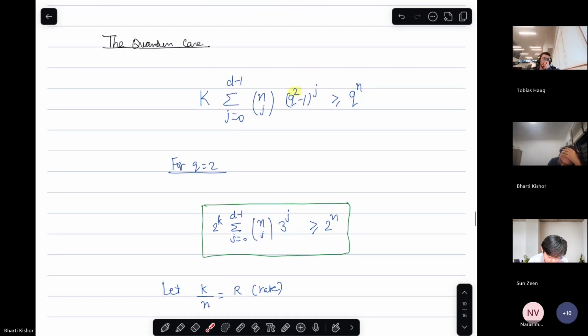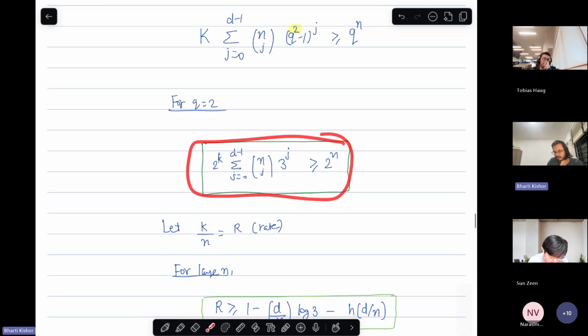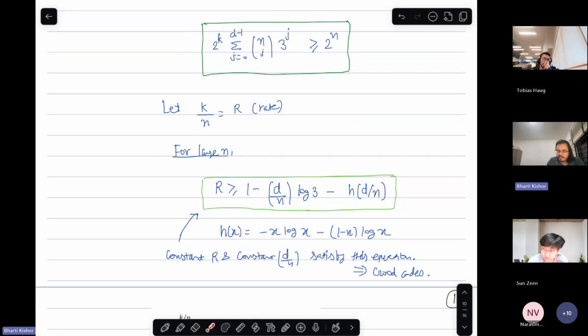That's an easy way to remember it. So for q equal to 2, this is how the bound looks. For large n, I will not go into detail, one can prove that the encoding rate has to be 1 minus d by n log 3 minus the binary entropy h(d/n).